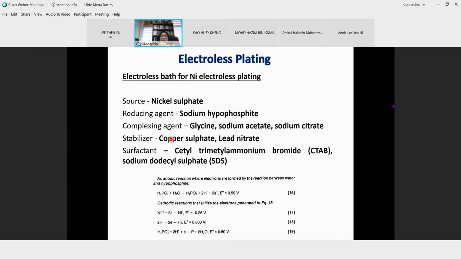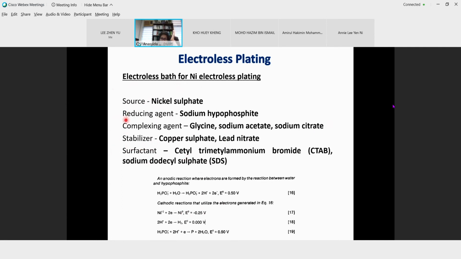So this stabilizer will actually try to ensure that there is no decomposition, because when the reduction happens and the ions move towards the metal that we're going to plate, sometimes after a while, when the atom is deposited on your surface, what happens? They will be decomposed away. They will be dissolved back in the solution. So that we don't want. So we want the atom that is deposited to be stable. So that's why we add stabilizer.